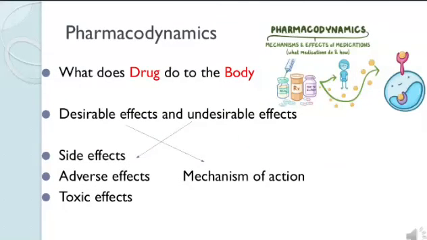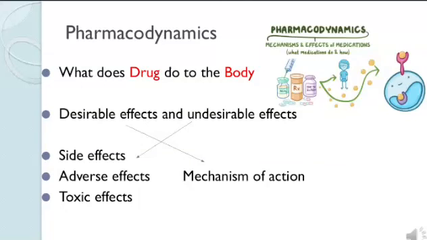What are the changes that happen to the body after administering a drug. It includes the mechanism of action which we expect from each drug, but there are undesirable effects which are not expected, like side effects, adverse effects or toxic effects. So pharmacodynamics studies the drug's desirable effects and undesirable effects.